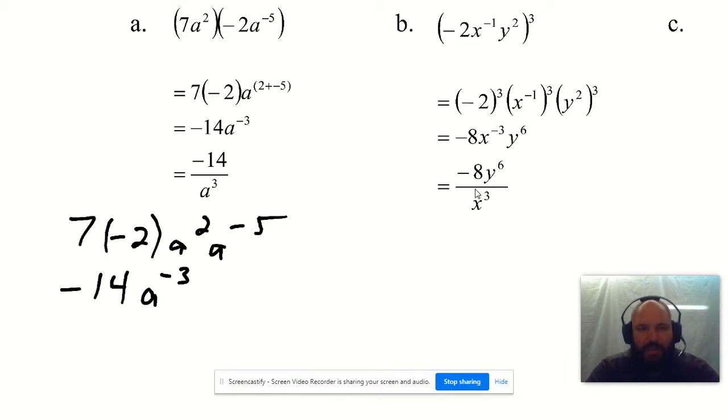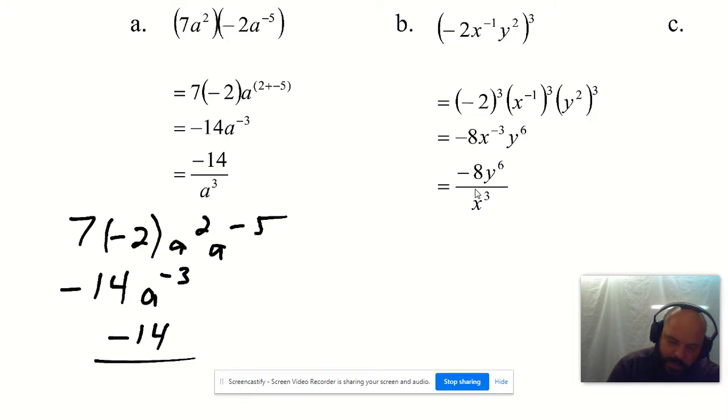So if you have a negative exponent, you need to move it to the other part of a fraction, so there is no negative exponent left, which means the a to the negative 3 is going to go down to the bottom. You do not move anything else except for the base and the power of the exponent. The negative 14 is going to stay put, so it becomes negative 14 over a to the third, and that is your final step. It is simplified.